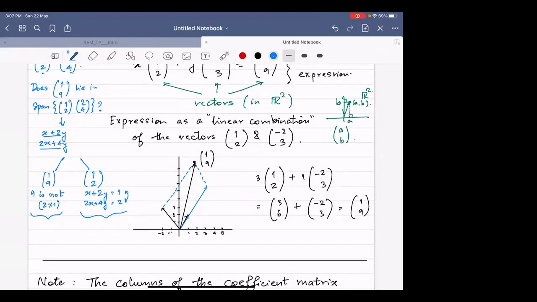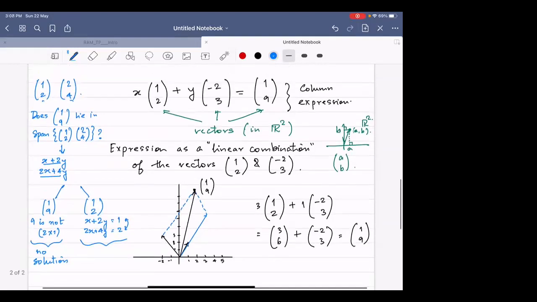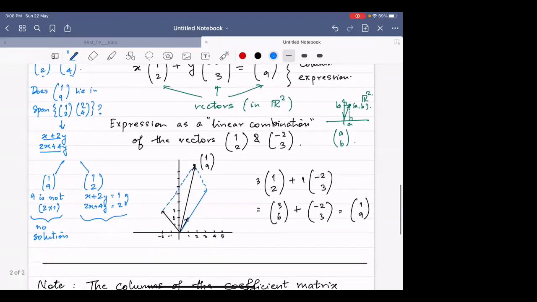Yes. In the first one, there is no possibility, because (1, 9) does not lie in the span of (1, 2) and (2, 4). In the second, you could find many pairs x and y which satisfy these equations because essentially there is just one equation, so there will be infinitely many solutions.